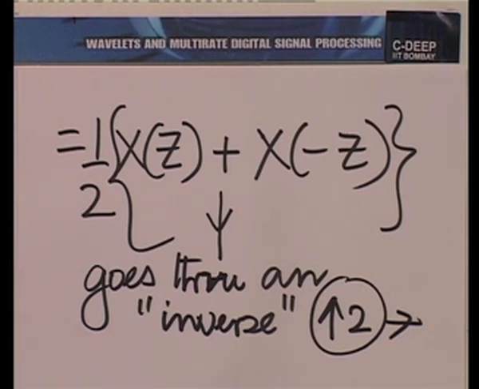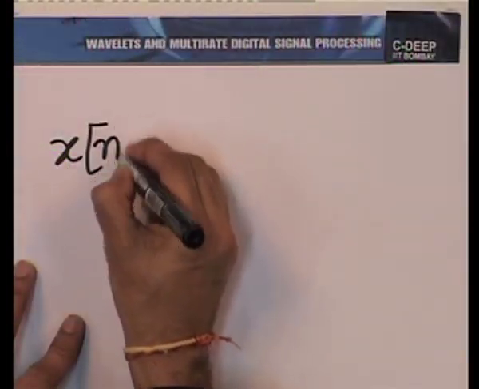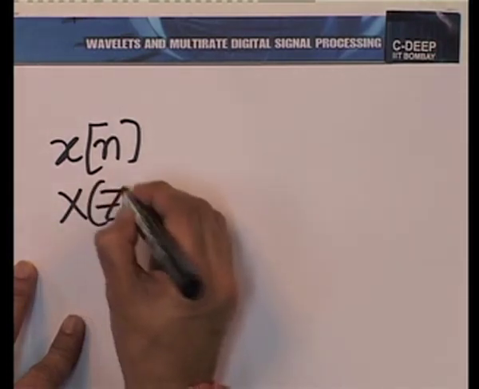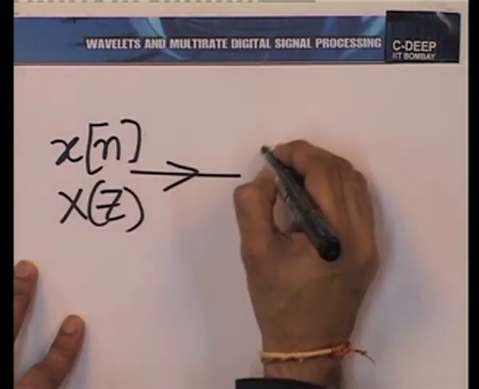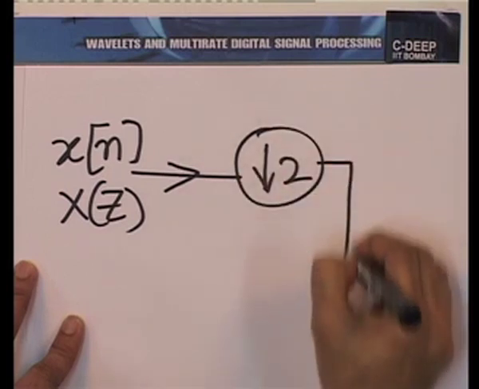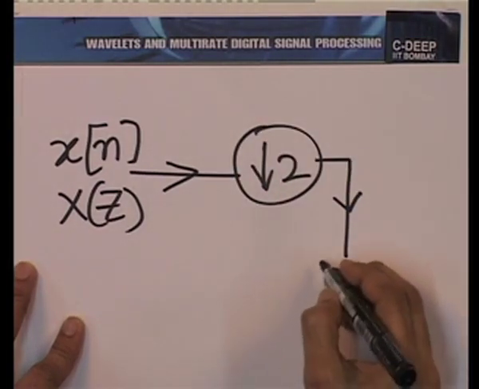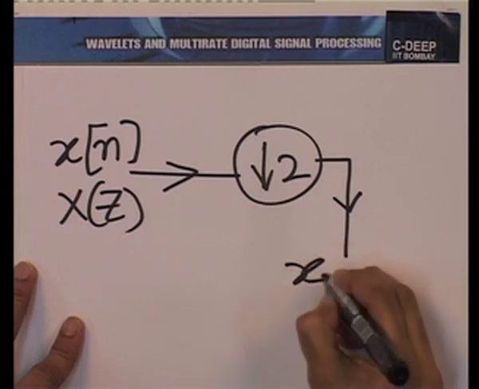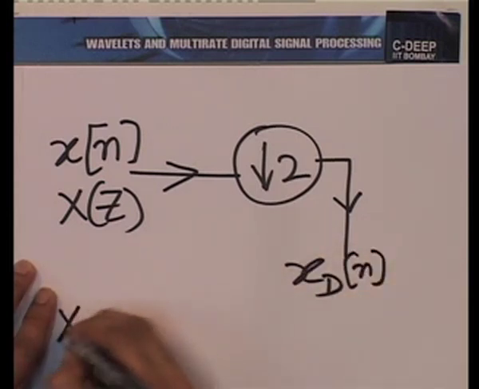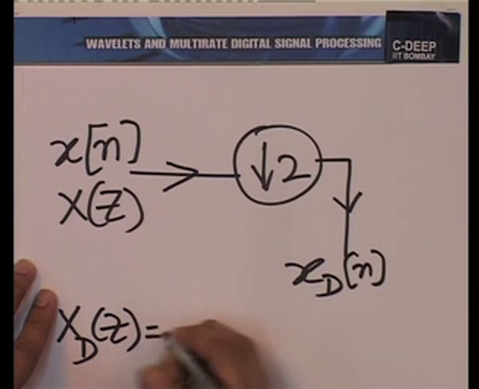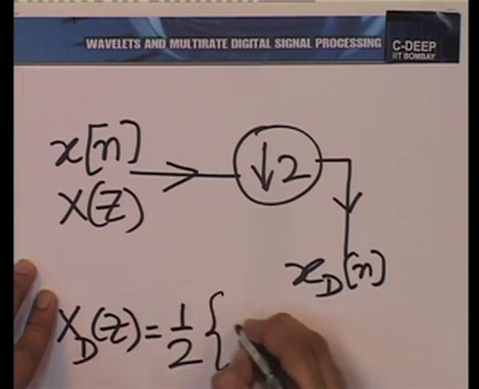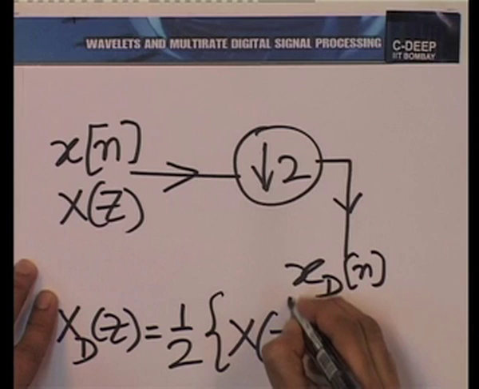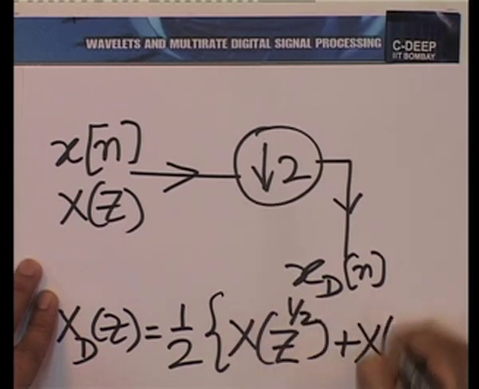And therefore, if we put these together, we have the final result: x n with z transform capital X of z, when it goes through a downsampling by 2, becomes in the z domain x_d n with the corresponding z transform given by half X of z raised to the half plus X of minus z raised to the half.